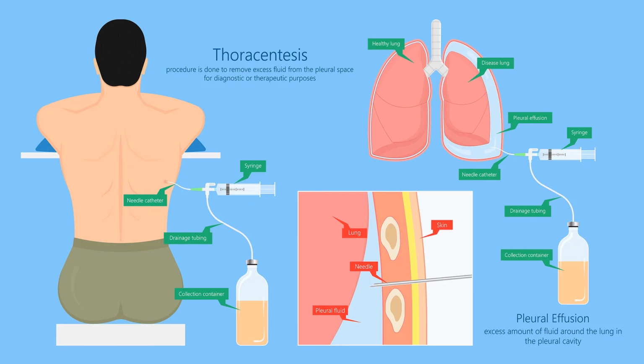And once they release the seal, the fluid collects in the bottle. There's also a Y connection where you can attach a syringe, and this is how specimens are collected and sent for a number of things, including blood cell counts and different types of infectious processes.